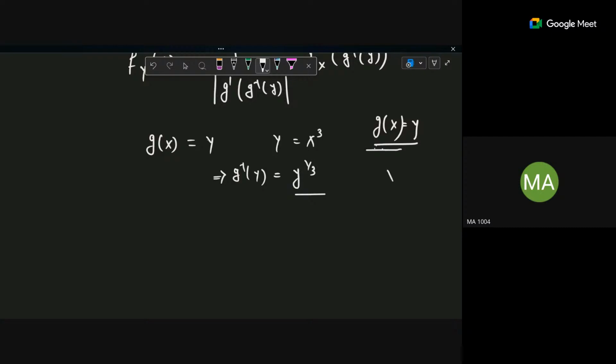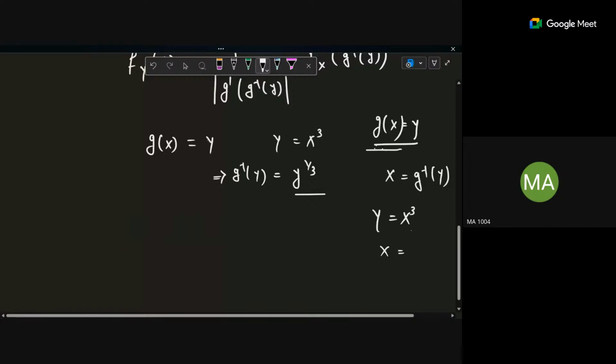If you apply the inverse on both sides, you get x is equal to g inverse of y. So if y is equal to x cube, then x is equal to y raised to the power 1 by 3. That's why we can take it like that.